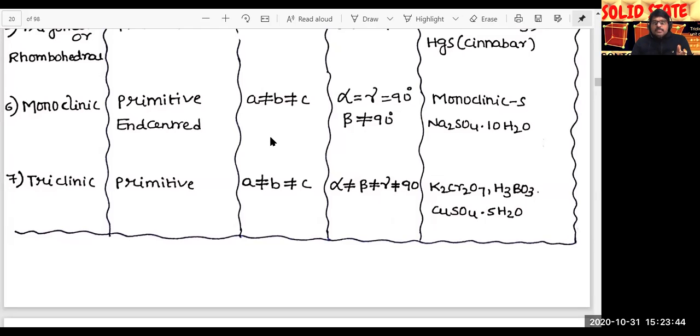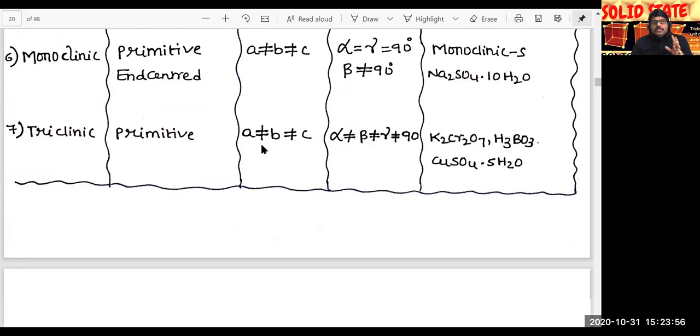In our syllabus for JEE, we have cubic crystal systems along with hexagonal. But the cubic crystal systems we have to study extensively. So first let us understand the internal structure of cubic crystals. In order to study the internal structure of cubic crystals, there are three types of unit cells I have just discussed: simple cube, body-centered cube, face-centered cube.